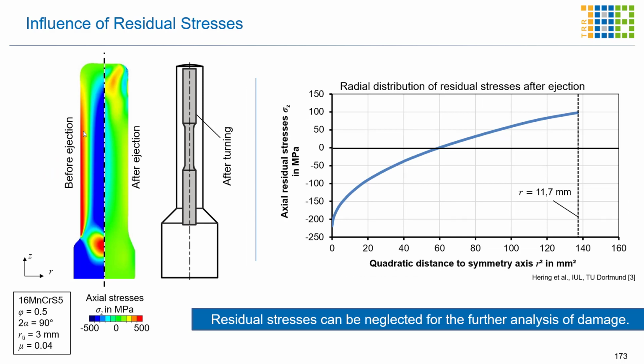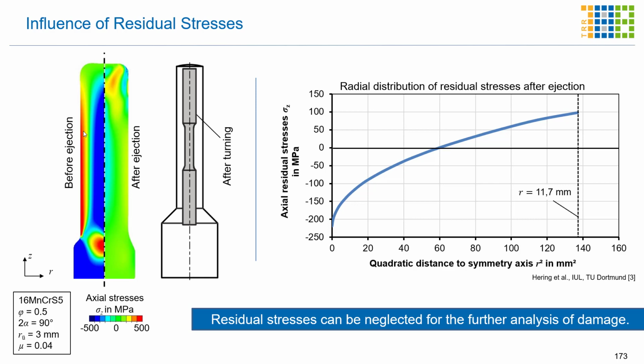After we have ensured that the strain hardening is separated for different shoulder opening angles, we have to ensure that the residual stresses are the same, or better, negligibly small. On the left hand side you can see the actual stress distribution in the extruded part, once for the ejection and in addition after the ejection.